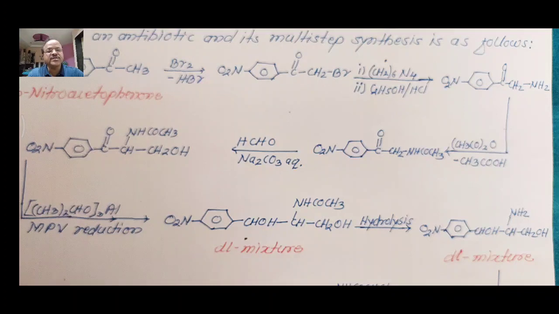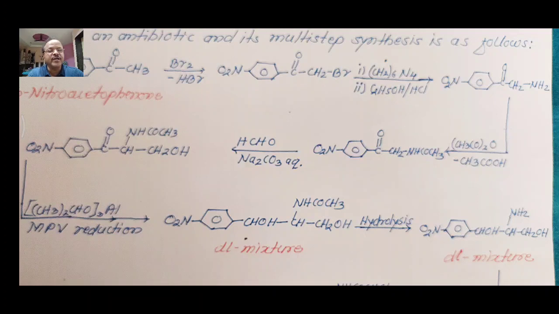In another words, it is called as a racemic mixture. Now see the chemical change that is occurring during this MPV reduction reaction. So in the previous compound, C double bond O group is there, ketone group is there. So that ketone group get reduced to the CHOH, that is a secondary alcoholic group.